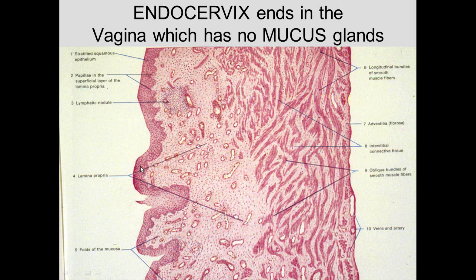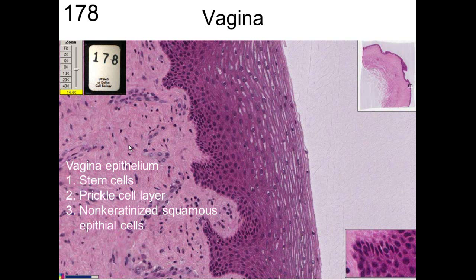Vagina has stratified squamous epithelium, and you might note there are no mucous glands. So any fluid during copulation comes from fluid exudates from the blood vessels. You get fluid leaking out of the blood vessels to lubricate the vagina.